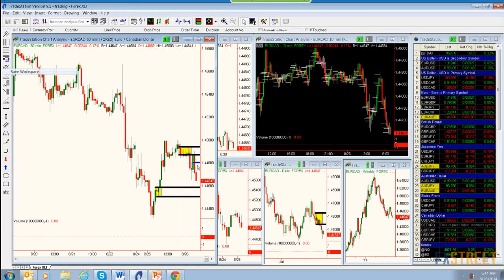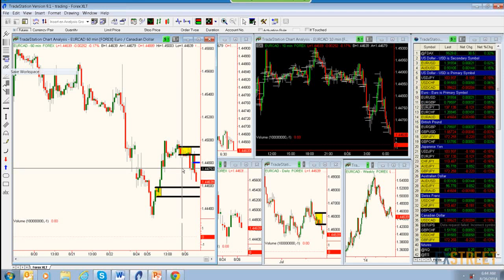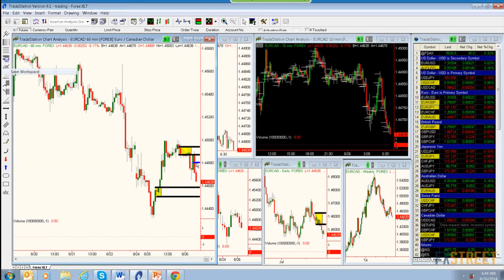So price comes down to here, potential targets right there. I do see a little small time frame supply at 44.75. So if you really want to go for the easy money, that's right there. You'll pull your target down to just before that. So let's go to 74, even 73 right there.